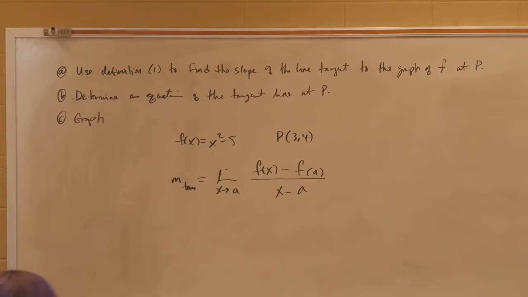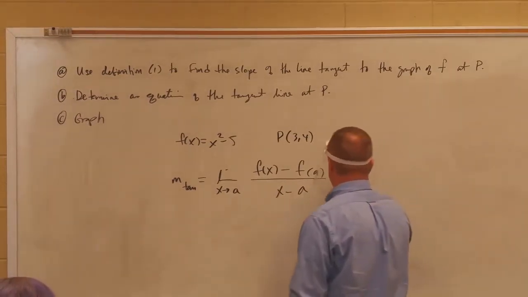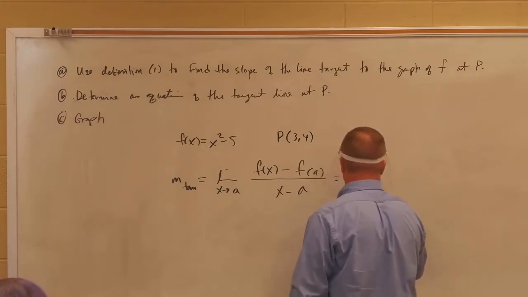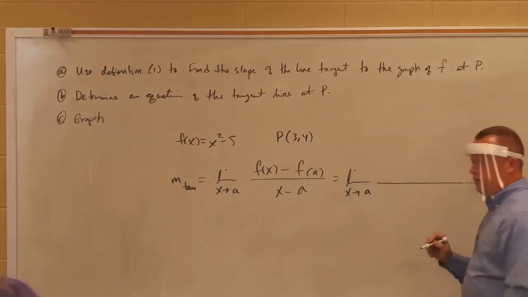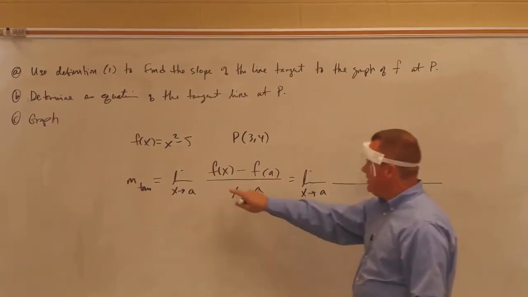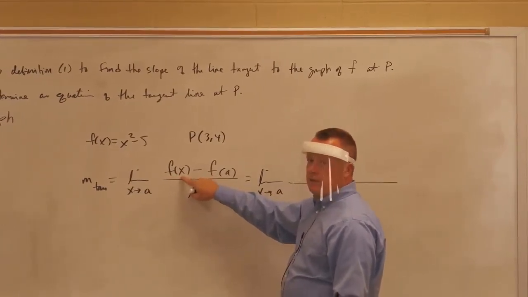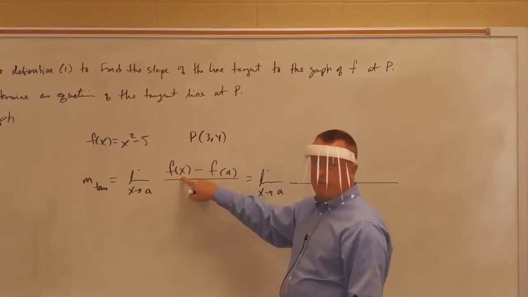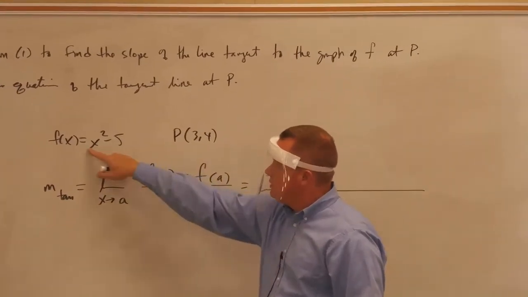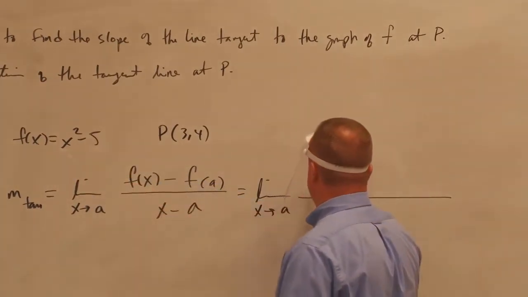Okay. Now, notation-wise, this one is really not too bad. The other one sometimes confuses people with the notation, but what is f of x here? It's y, and it is x squared minus 5. So I just put this in the place of that.